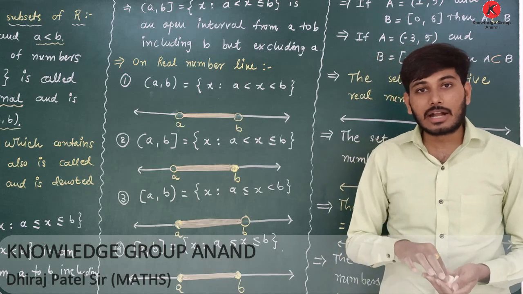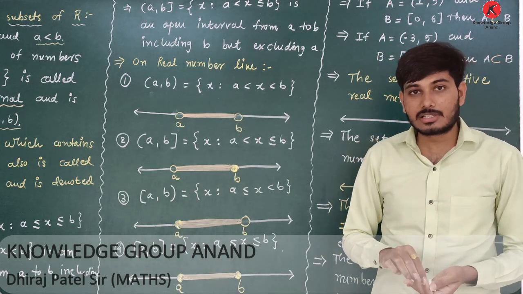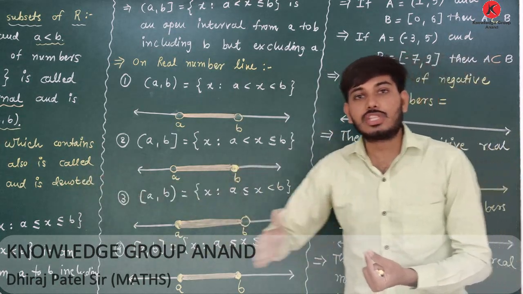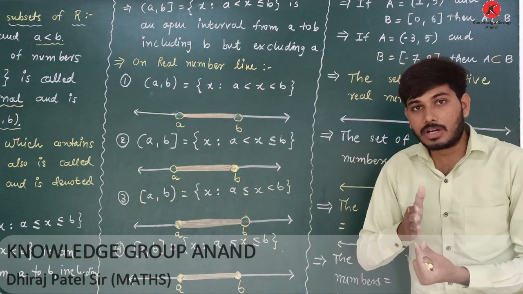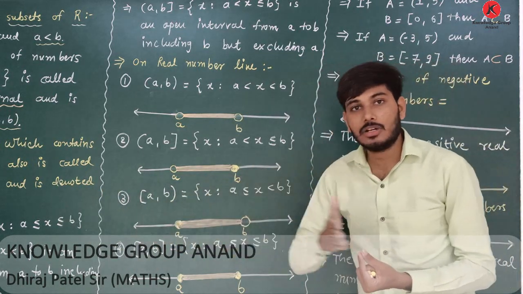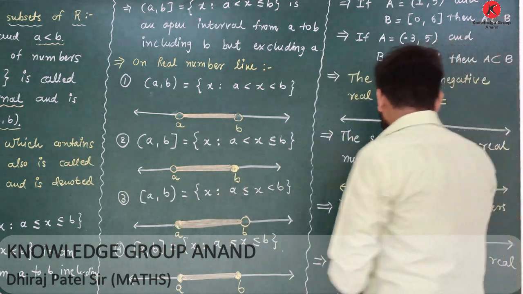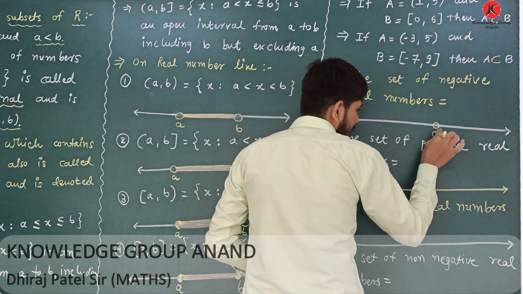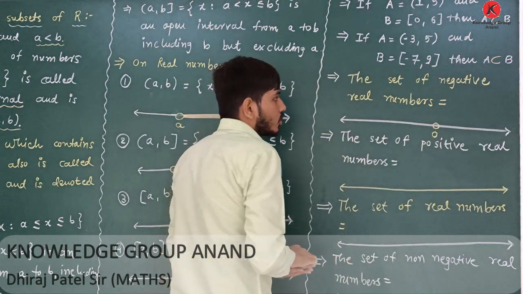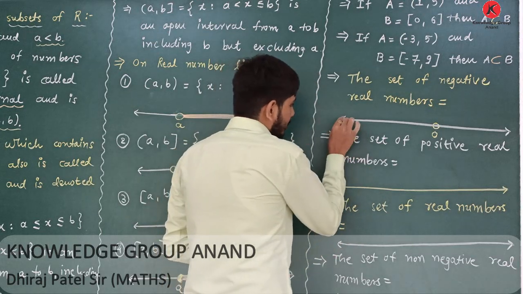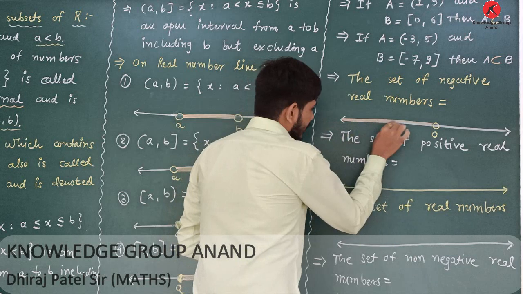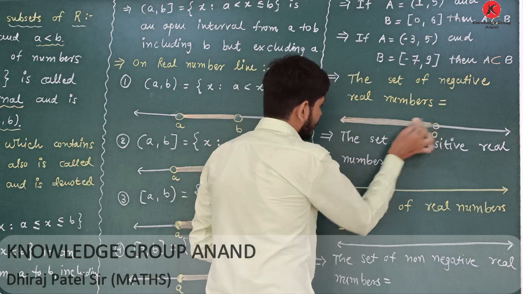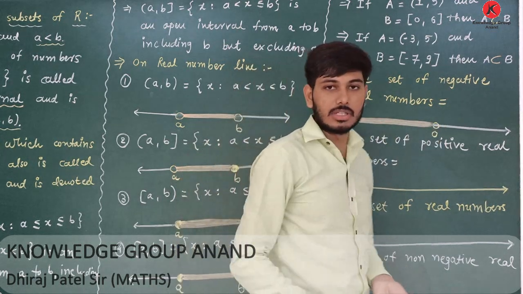So we know that the set of negative real numbers means all the numbers which are on the left-hand side of 0. We can represent all these numbers on a number line. Suppose this is 0. All the real numbers on the left-hand side of 0 represent all negative real numbers.